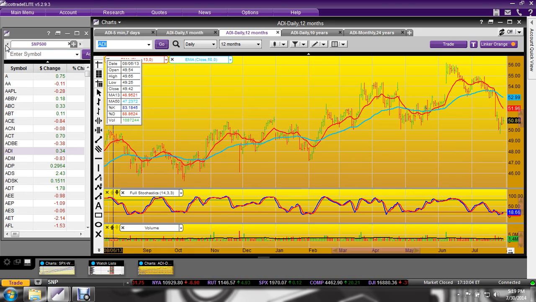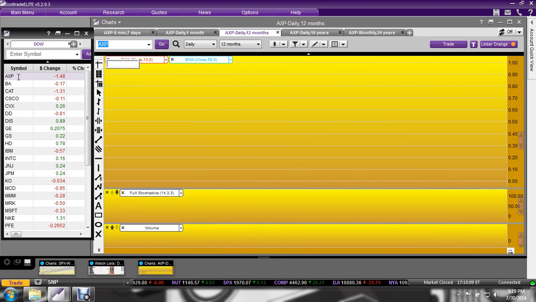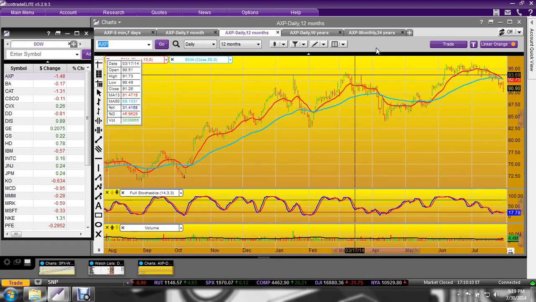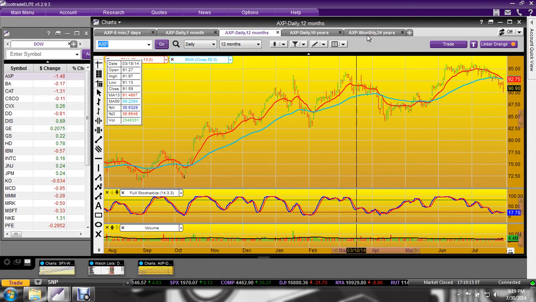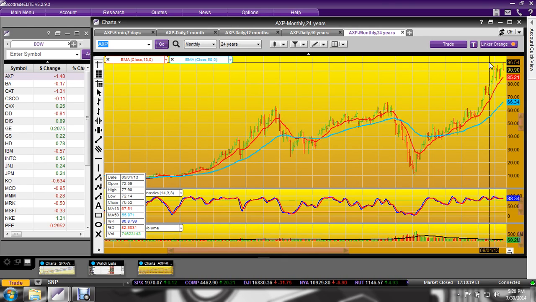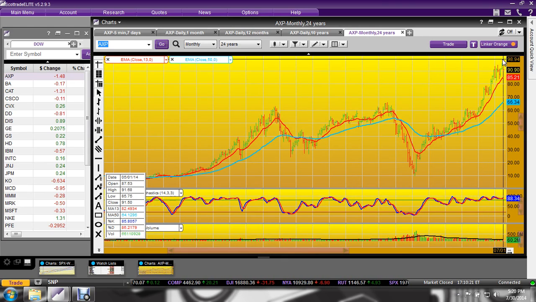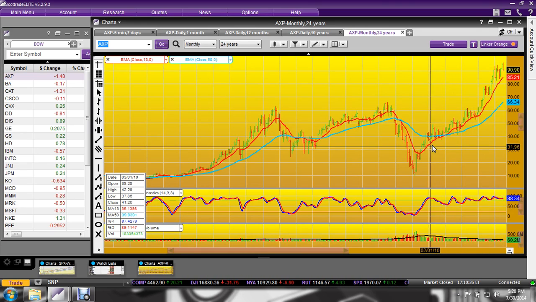Now let's look at a few of the Dow charts. We know all the Dow components are in the S&P 500, but this is American Express, the 24-year monthly chart. We see they have come to a high. They've slowed their ascent.